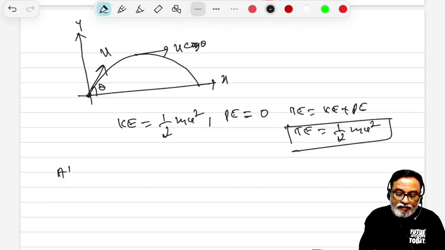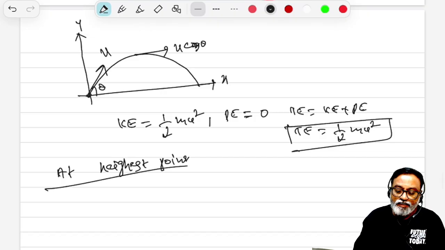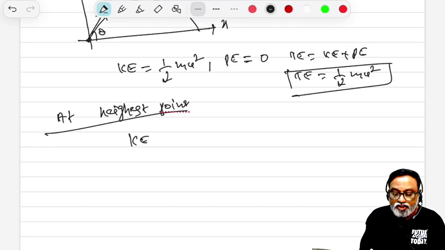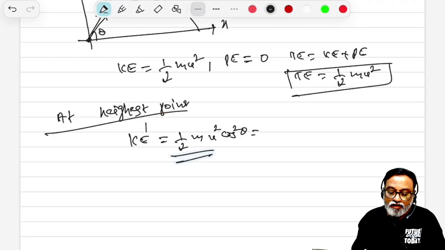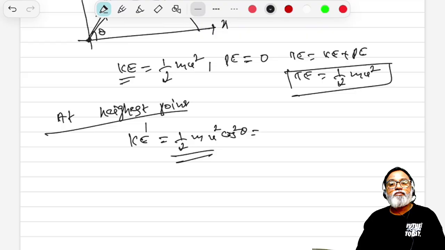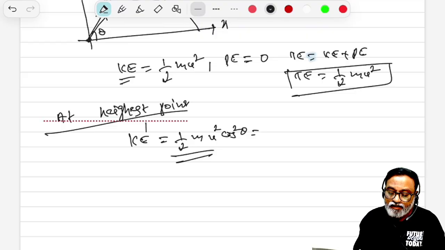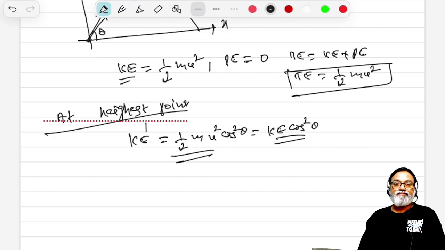At the highest point, kinetic energy is equal to half m into u square cos square theta, but this I am taking as KE dash. For example, if at the point of projection the kinetic energy is KE, this becomes KE cos square theta.